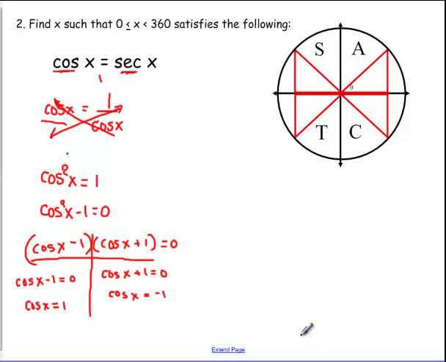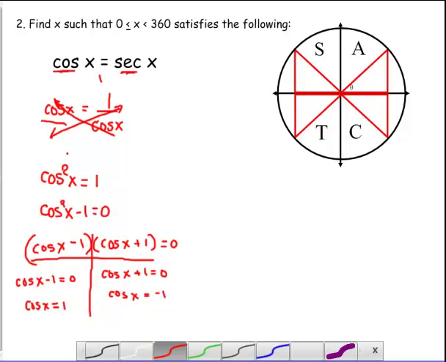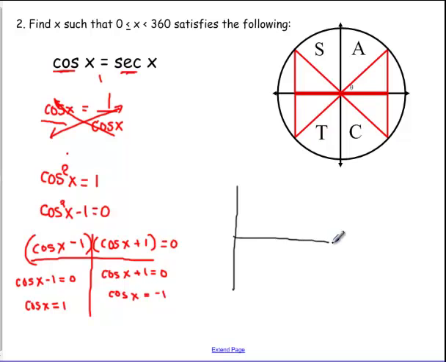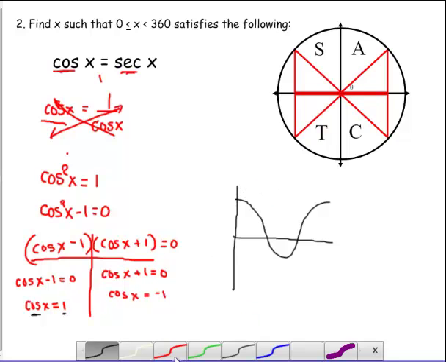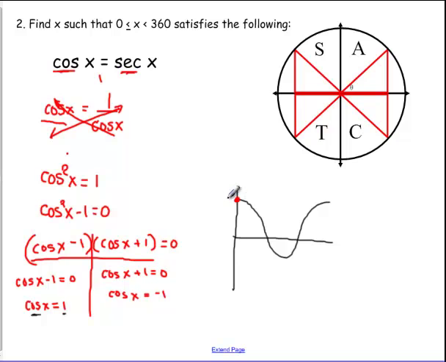All right, so once again, I'm going to use my wave here. I don't want to use my unit circle. This is asking, where does my cosine wave hit 1? Well, if I make a rough drawing of my cosine wave, it equals 1 here at 0 and here at 360.